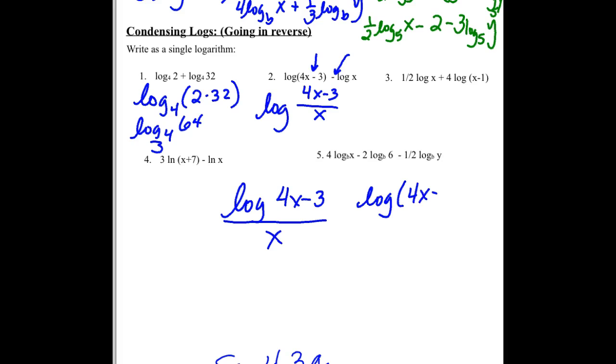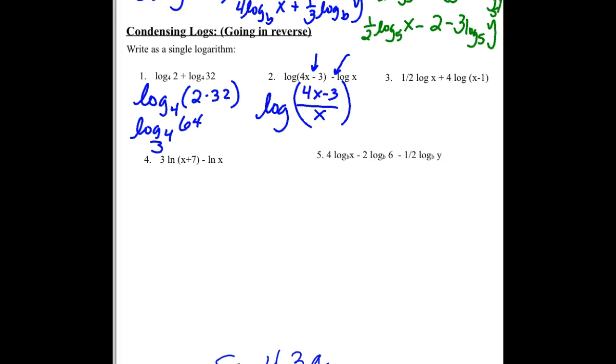This is another common mistake. Then you're saying the log of a subtraction, or subtracting 2 logs, is the same as dividing 2 logs. That's not the case. So be very careful. You're taking the log of all of this as one chunk when you condense it down.